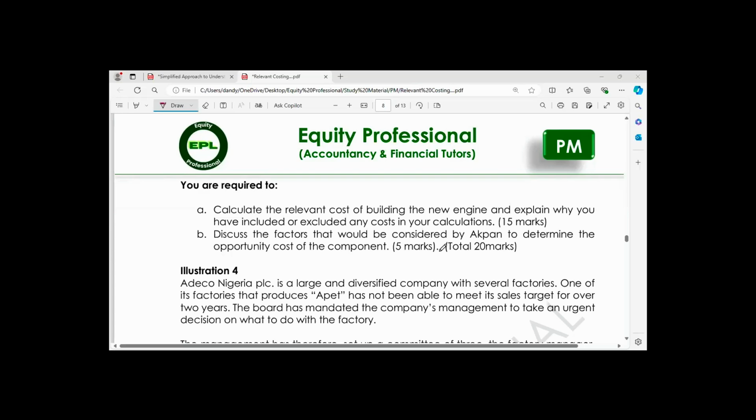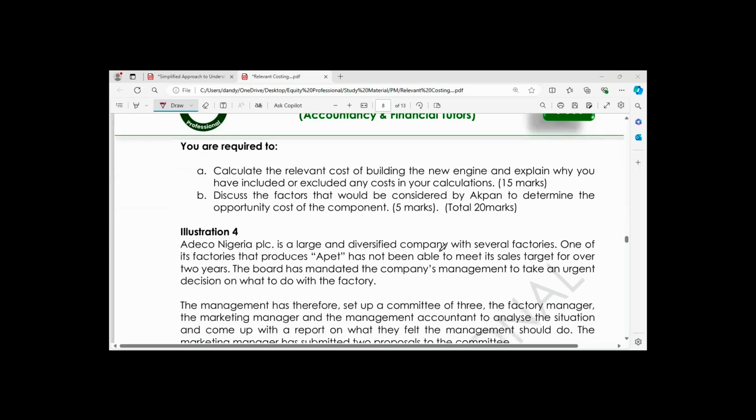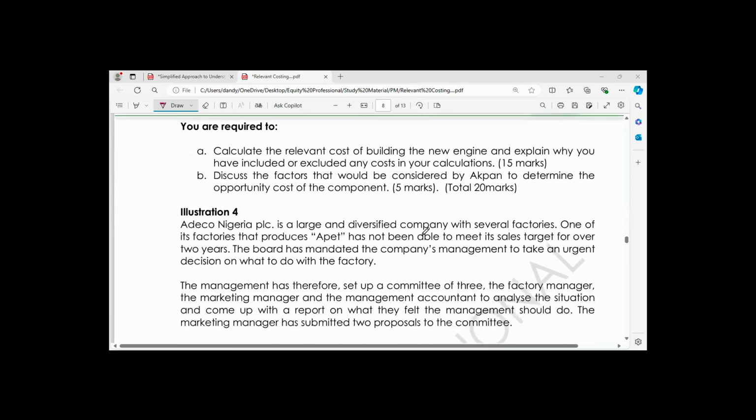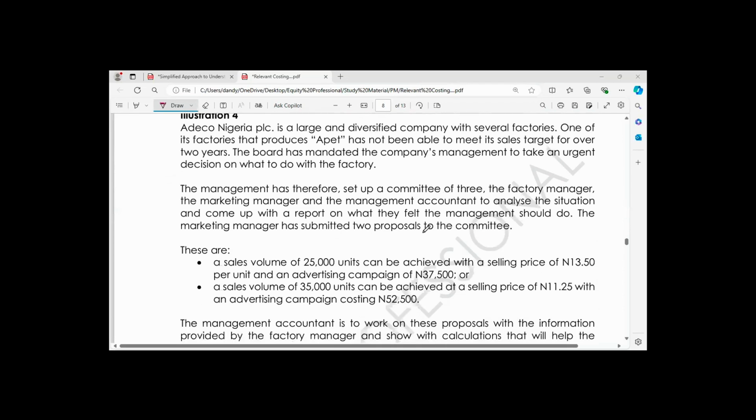Adeco Nigerian PLC. That's illustration 4. Adeco Nigerian PLC is a large and diversified company with several factories. One of its factories that produces APL has not been able to meet its sales target for over 2 years.